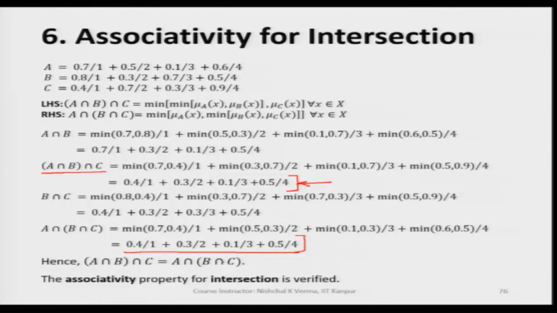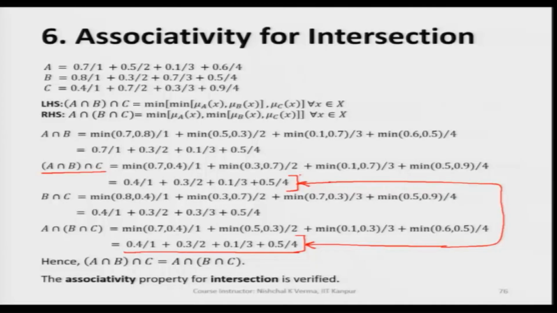If we look at all the elements of these two fuzzy sets, we find 0.4 oblique 1, 0.3 oblique 2, 0.1 oblique 3, 0.5 oblique 4, all separated with plus signs. So, all the elements are the same as we have here.